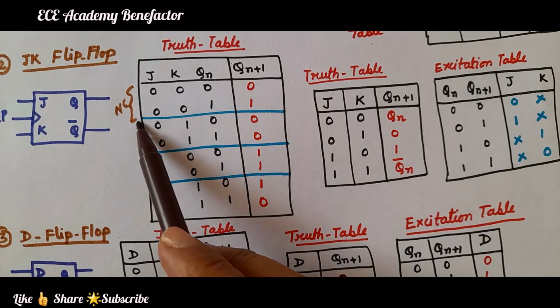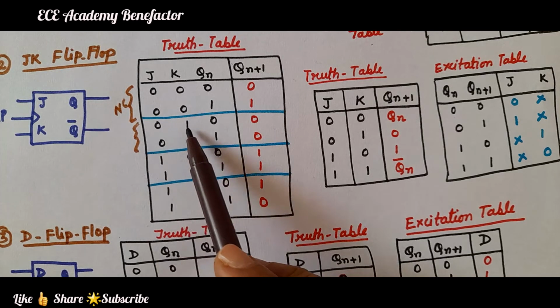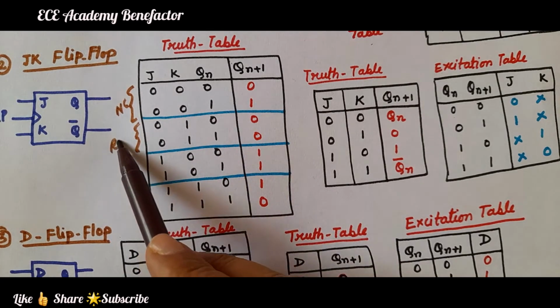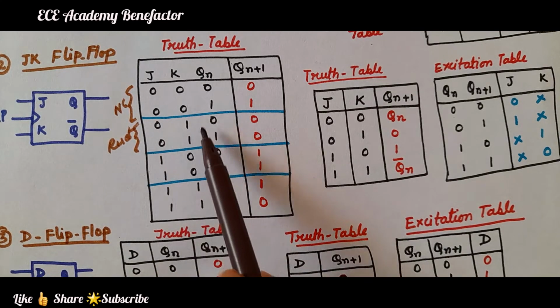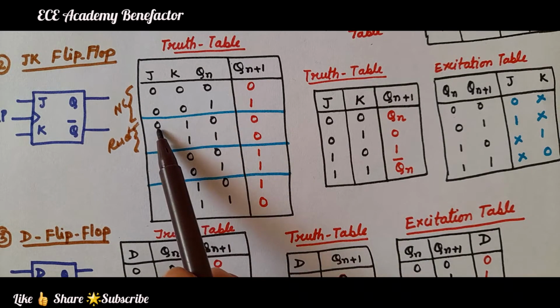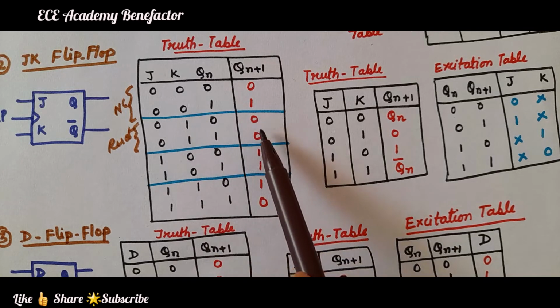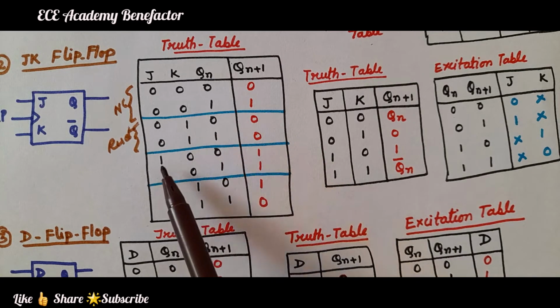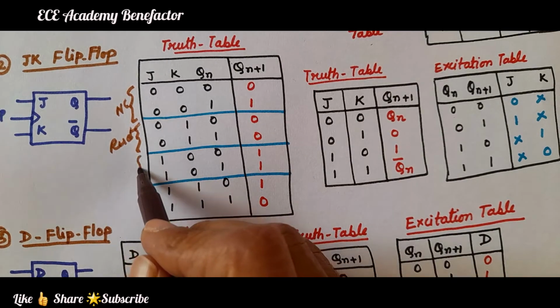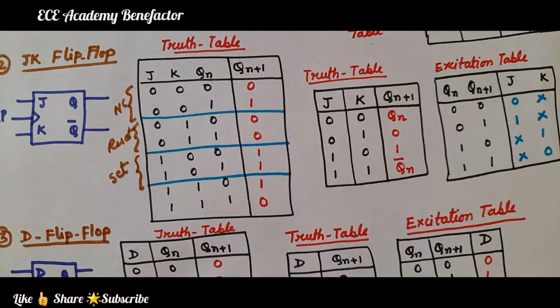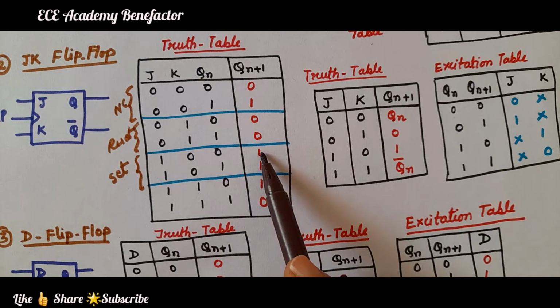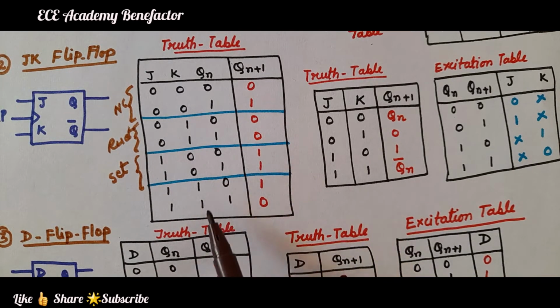For 0 1, when J is 0 and K is 1, it is known as the reset state. It does not depend on Qn. When J is 0 and K is 1, the output becomes 0. When J is 1 and K is 0, it becomes the set state. Set means Qn plus 1 will be set to 1.